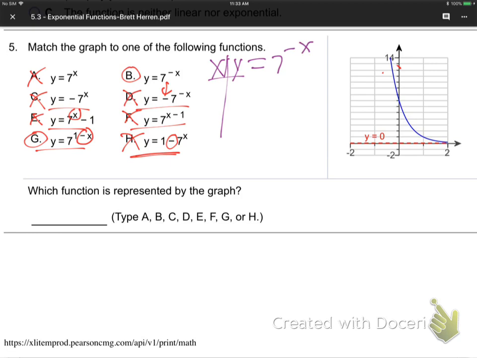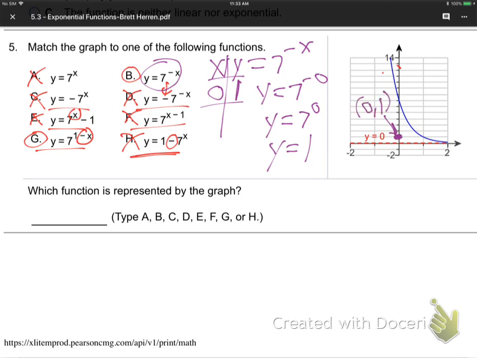What would be the easiest point to plug in? 0, right? Plug in 0. Y equals 7 to the minus 0. Minus 0 is just 0. What's 7 to the 0? 1. So over 0, if this is really the right equation, then over 0, up 1 should be a point the graph hits. Here it is. Here is the point.